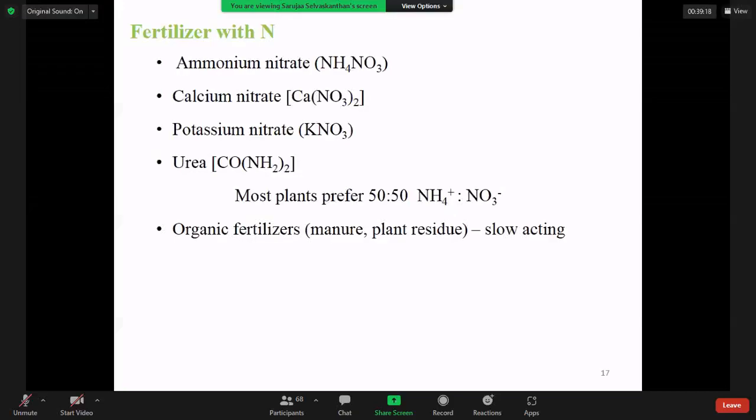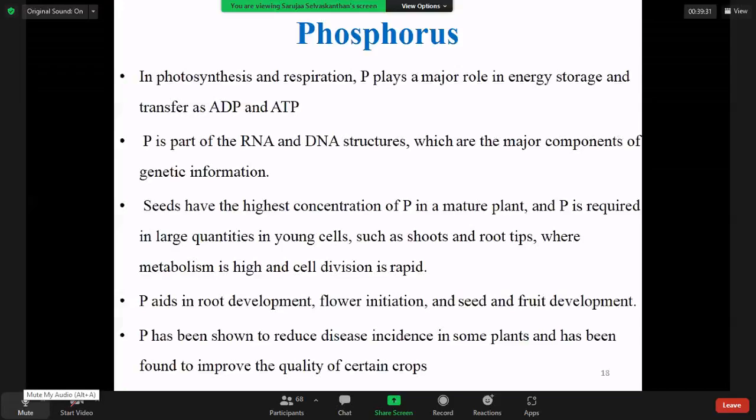Yes, it's a main component of nucleic acid, proteins and ATP. It is necessary for cell development, for cell division and development of the plant. It stimulates, as a student told, root development.